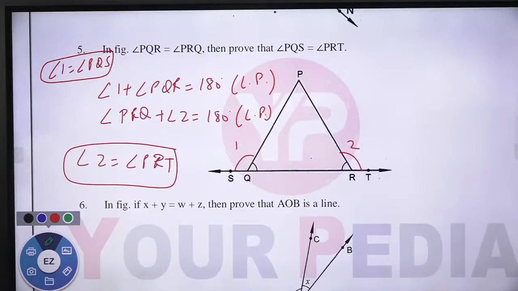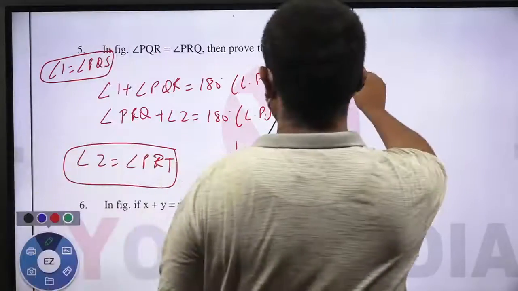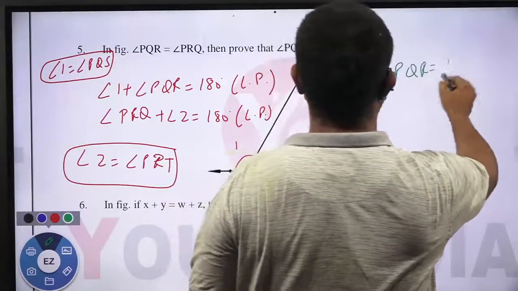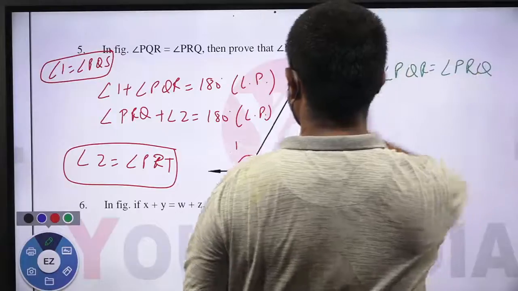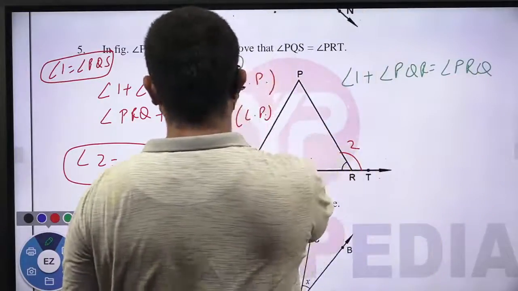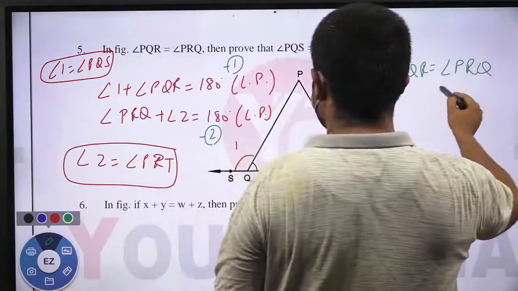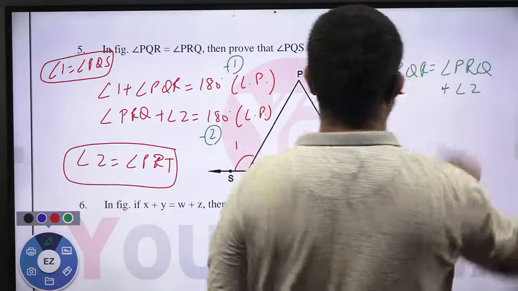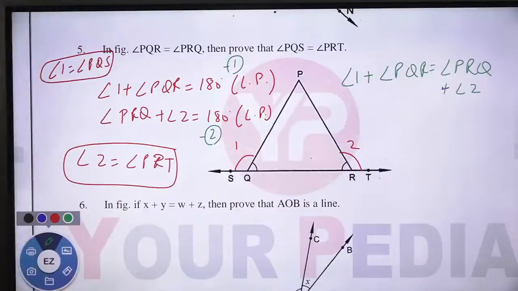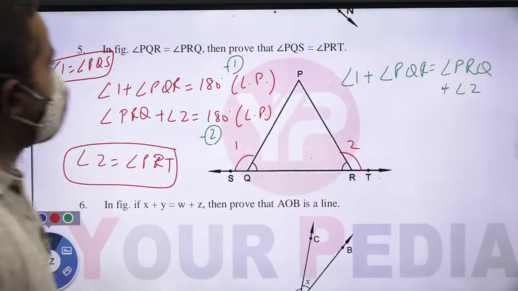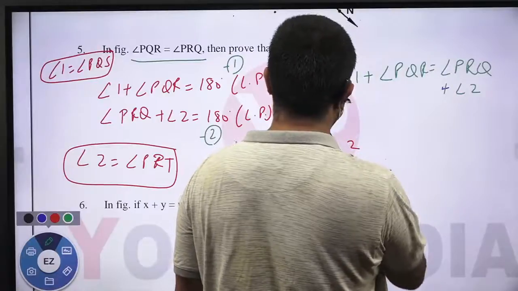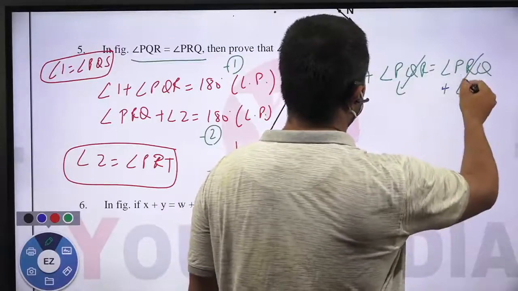Okay, students. So angle 1 plus angle PQR is equal to angle 2 plus angle PRQ. From 1 and 2, we can equate that because the right hand sides are equal. Yes or no? Now you can see that angle PQR and PRQ are already given equal, so they will cancel out.